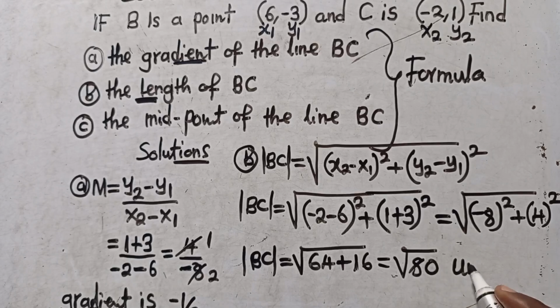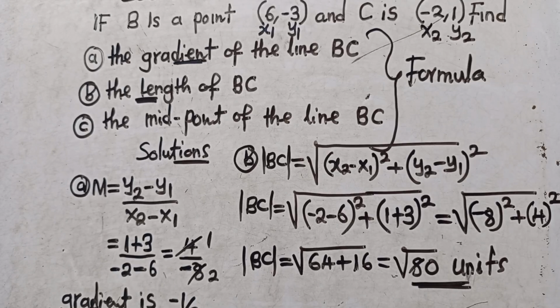So we just say 80 what? 80 units. Since you cannot find a perfect square, we just say root 80 units. This is what you are supposed to do. This is something you need to know. So we are done with that.